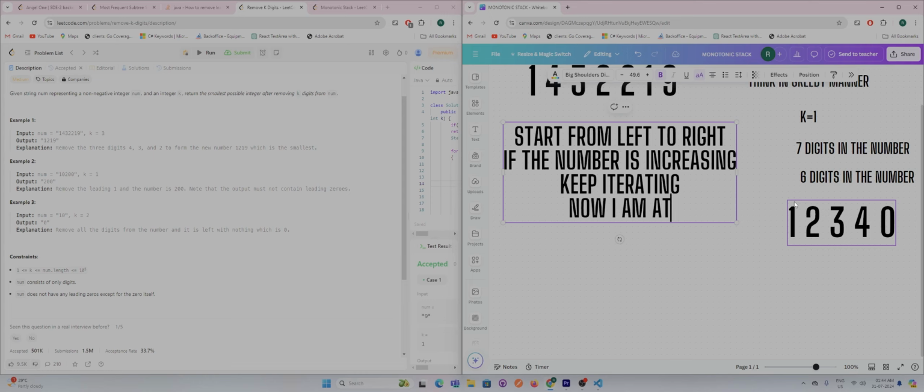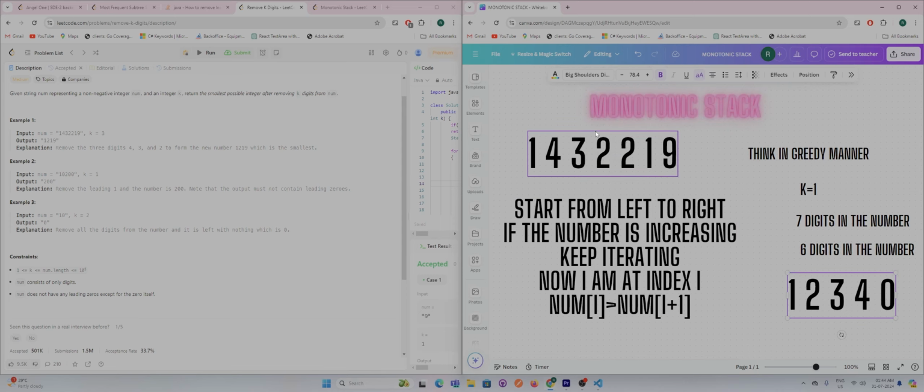I am at index i. Now if num[i] is greater than num[i+1], just try to look at this. I already explained this, 1 4 3 2 2. So if 4 is greater than 3, what happens if I remove 4?